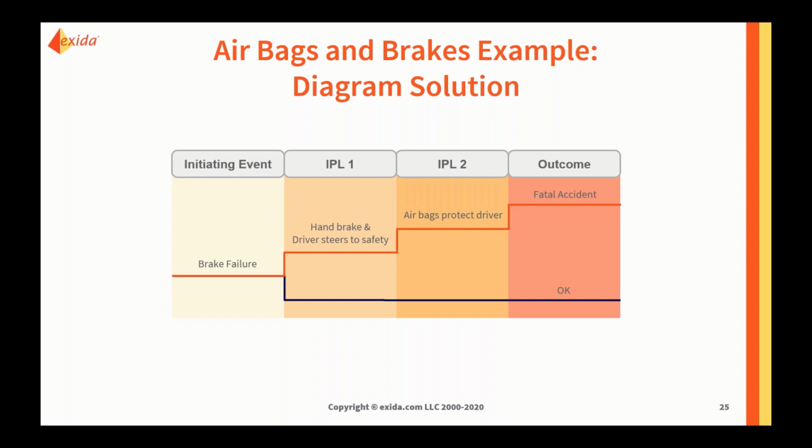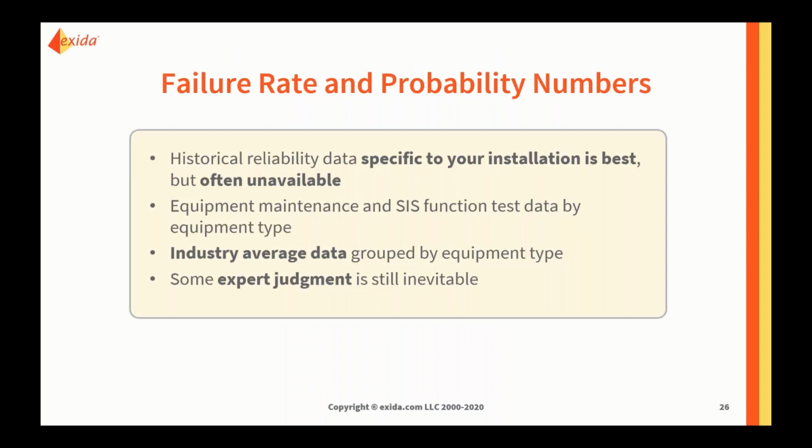Now, this is often the easy part of a protection layer analysis. The hard part of a protection layer analysis is determining realistic numbers to put in for those initiating event frequencies and those protection layer failure probabilities.